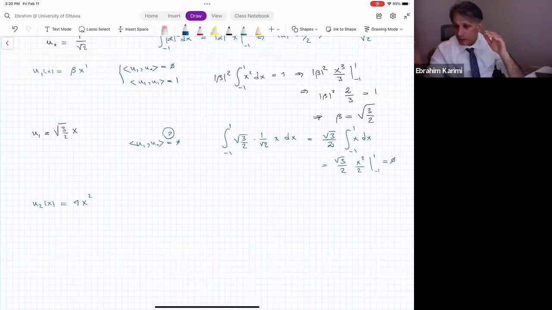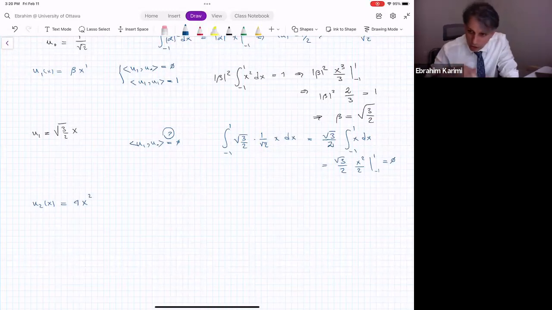The second one is orthogonal to the first one and also is normal. Now let's go with the third function that we want to find, which is u2, and that should be, logically, a power of 2 function. Okay, and I don't want to go and calculate what gamma is, but let's do the orthonormality.